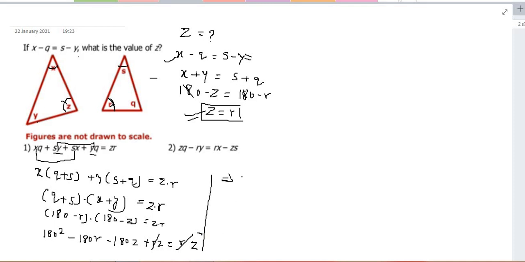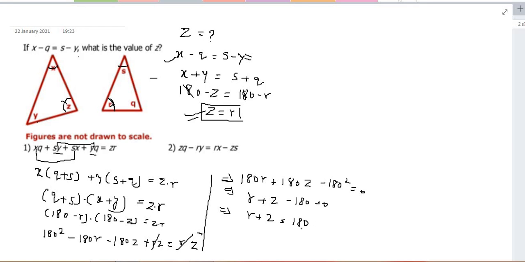So I will get 180r plus 180z minus 180 square is equal to 0. Or I can divide the entire equation by 180. So I will get r plus z minus 180 is equal to 0. Or I can write it as r plus z is equal to 180.